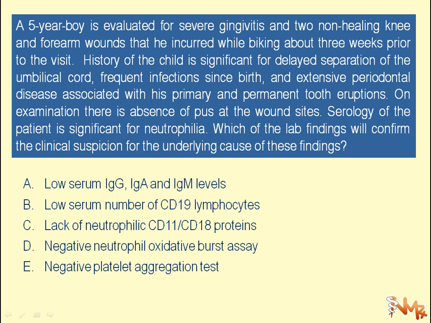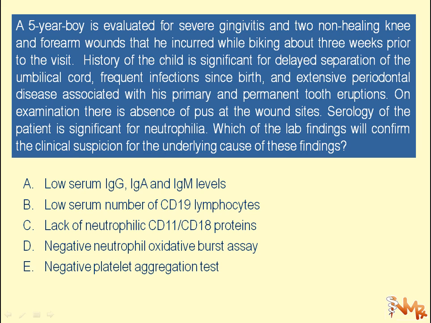A 5-year-old boy is seen for severe gingivitis and 2 non-healing knee and forearm wounds that he incurred while biking about 3 weeks prior to his visit to the office. History of the child is significant for delayed separation of the umbilical cord, frequent infections since birth, and extensive periodontal disease associated with his primary and permanent tooth eruptions.